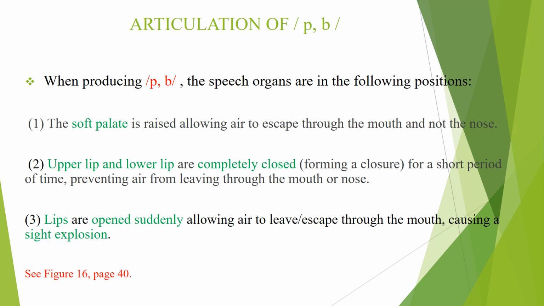This way, they prevent air from leaving through the mouth or nose. 3. Lips, lower and upper, are opened suddenly, allowing air to escape through the mouth, causing a slight explosion.